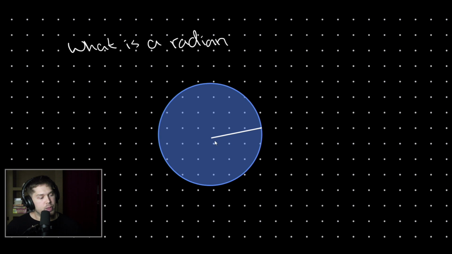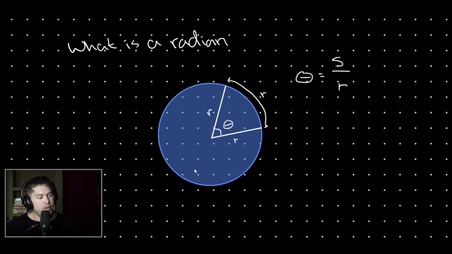Here, if we have some radius, r, and let's say our arc length right here is also equivalent to our radius, then that is defined as 1 radian. 1 radian, again, is whenever your arc length is equivalent to your radius for some angle theta. Or in other words, theta is going to be equal to your arc length s divided by your radius.